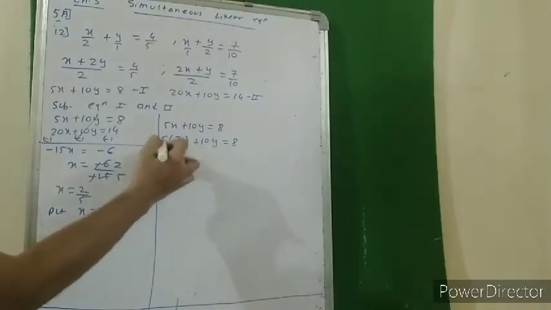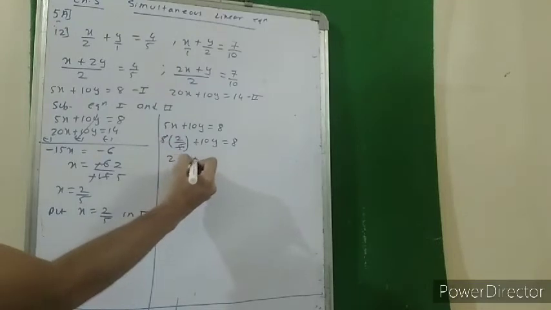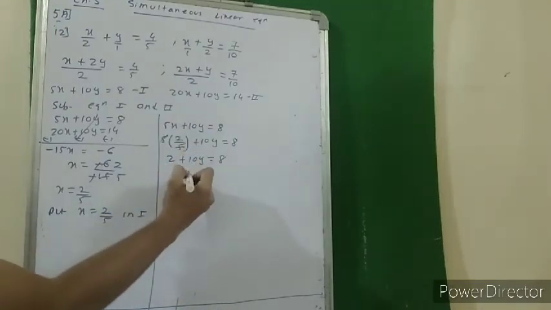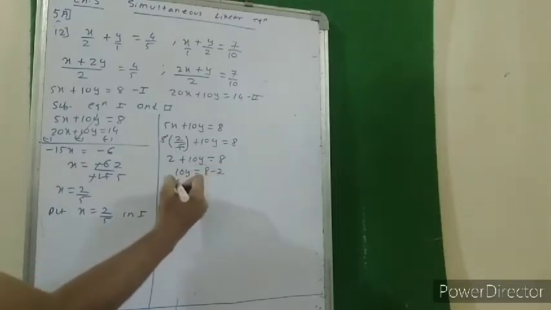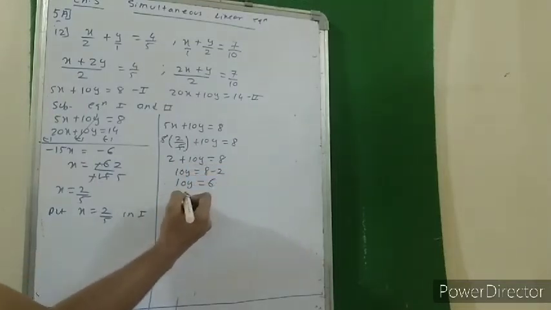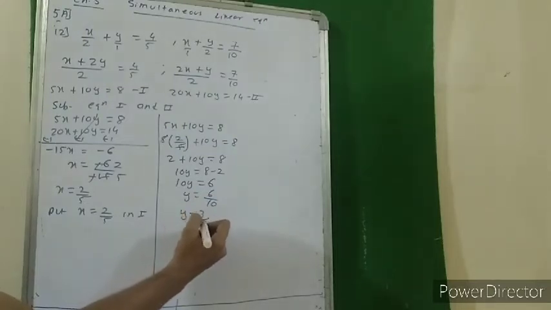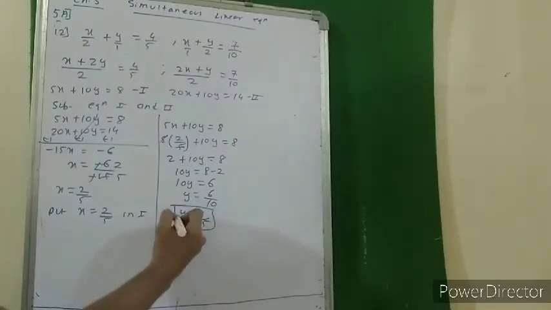So the 5 gets cancelled. We have 2 plus 10y is equal to 8. 2 will go there, 10y is equal to 8 minus 2, 10y is equal to 6. y is equal to 6 upon 10, y is equal to 3 upon 5.